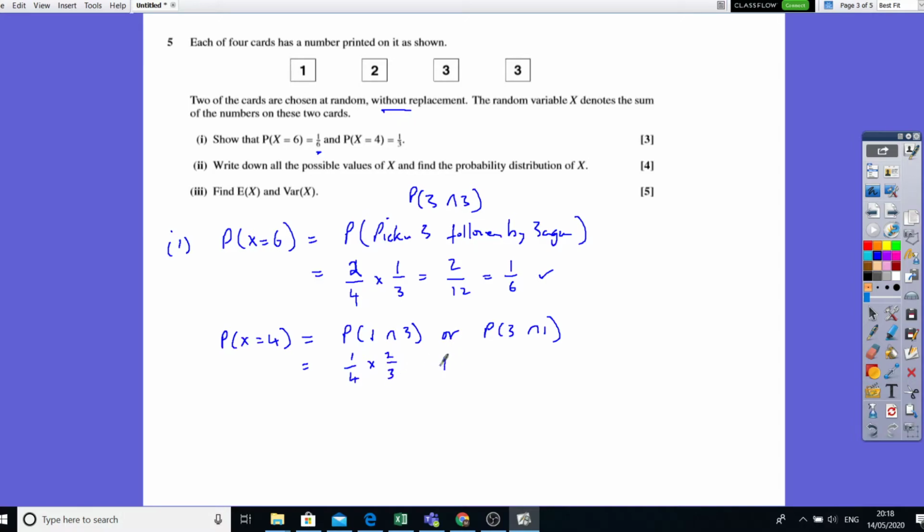Or means add, picking a 3 first will be 2 out of 4, then picking a 1, there's 1 out of 3 cards left. Now this one will be 1 times 2 is 2, 4 times 3 is 12, plus 2 times 1 is 2, 4 times 3 is 12, 2 out of 12 plus 2 out of 12 is 4 out of 12, which is 1/3, and that is the same as required.